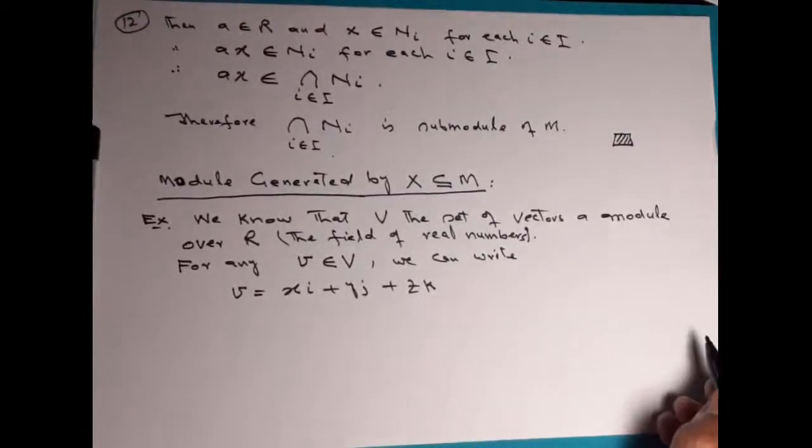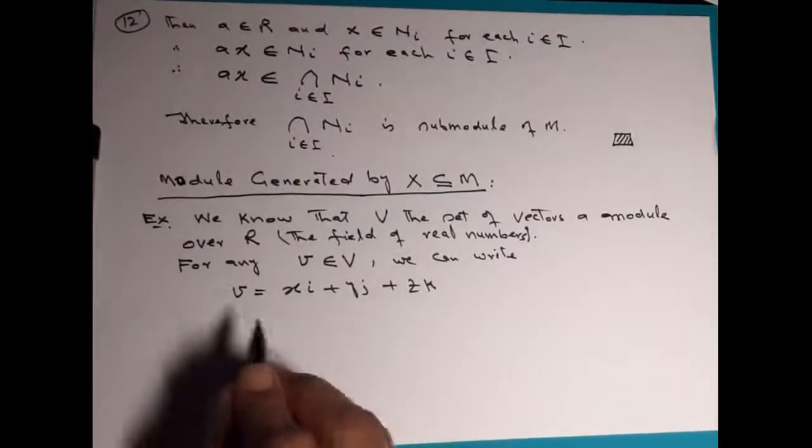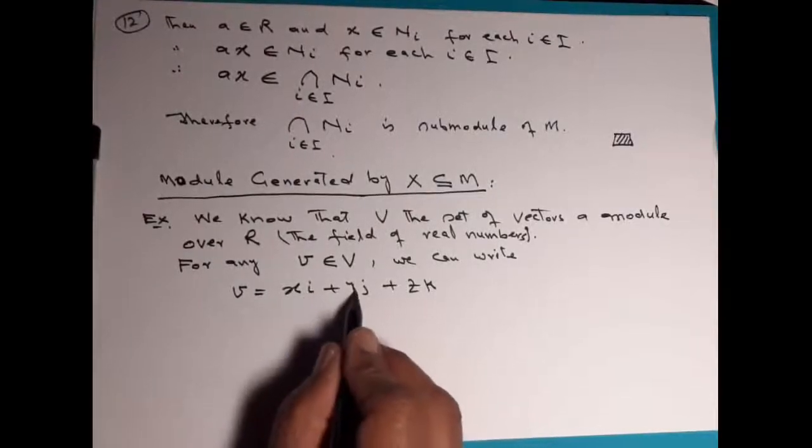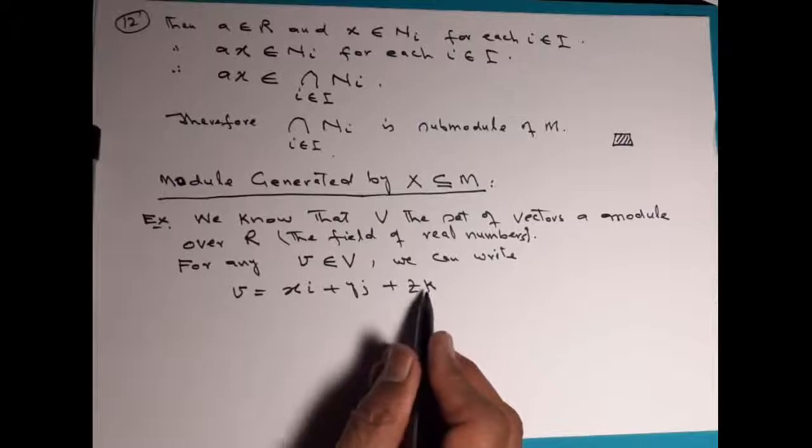We are talking about vectors in 3 dimensions. Any vector in 3 dimensions can be written as xi plus yj plus zk.